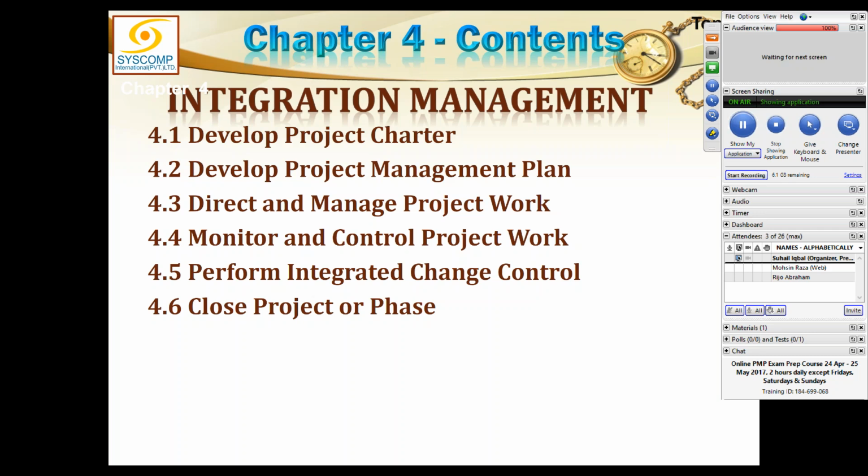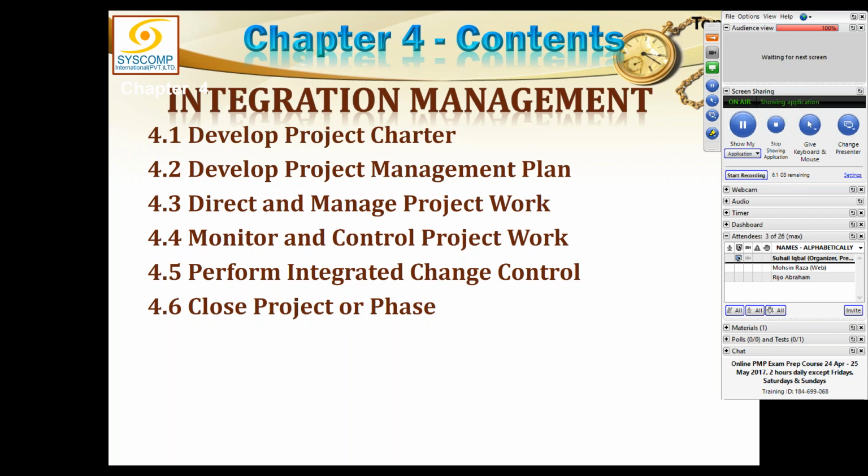That is one job of the monitor and control project work process. What is the other job? All the controls, including this control, have the authority to move a change request. So when control scope was processing the data, it may have considered a fresh change request based on its analysis, so it can move a change request.